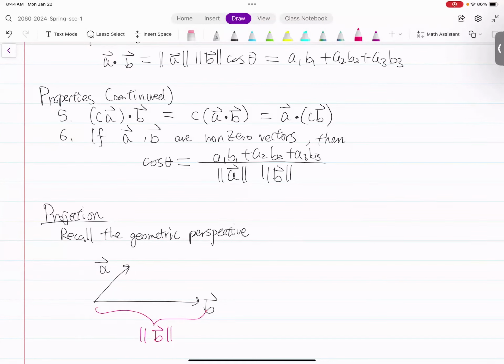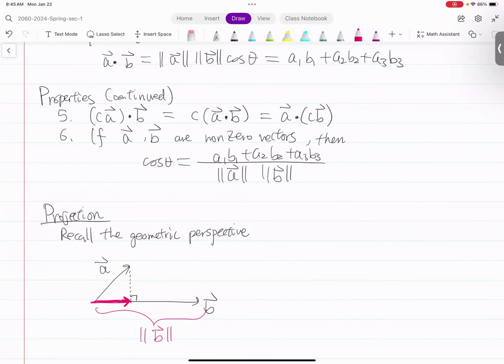But then for the projection, what have we done? We start at the head of A and we do the orthogonal projection down to vector B, right? And then we got another vector actually along the direction of B, right here, as the shadow from A, right?